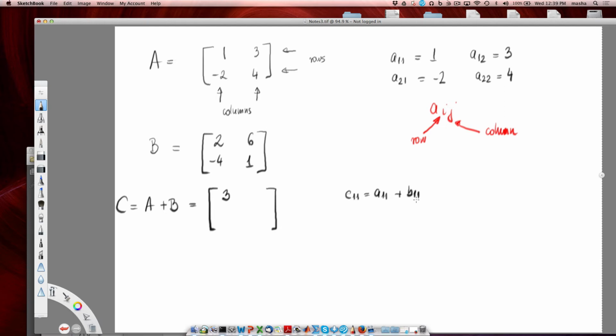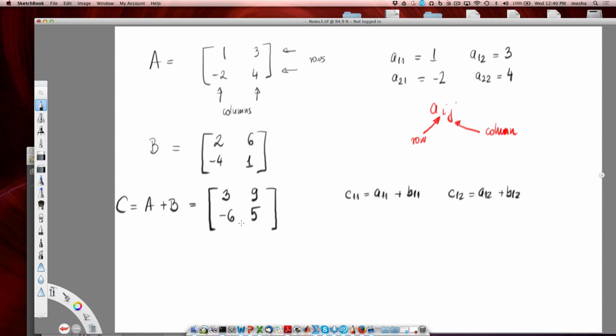And then I would just proceed. So my C12 is A12 plus B12, which is 3 plus 6, and so forth. Minus 2 minus 4 is minus 6, and 4 plus 1 is 5. So this is my result, A plus B.